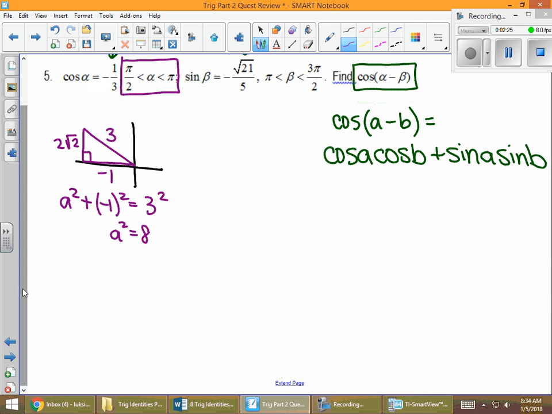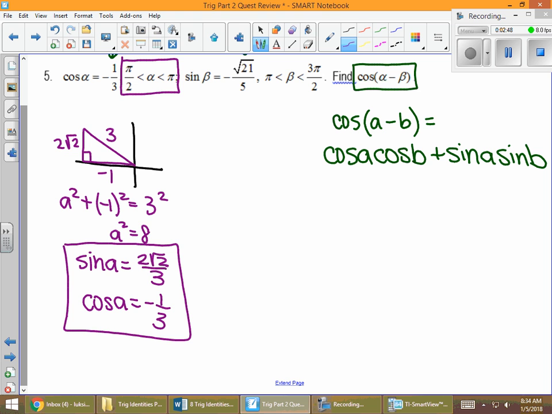If you want to write out your sine and cosine, because that's what you need to put in your formula, sine of A here is opposite over hypotenuse, 2 radical 2 over 3. And since we're in that second quadrant, sine is positive. And cosine we were given, but I'm going to write it here so when I'm looking over at what to put in my formula, I have it all together.